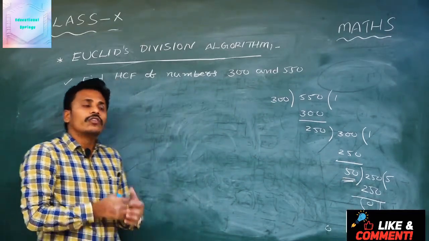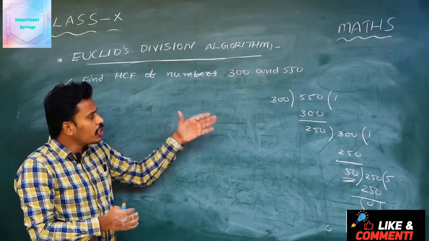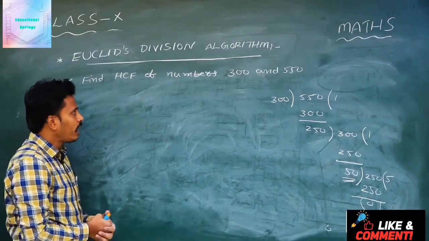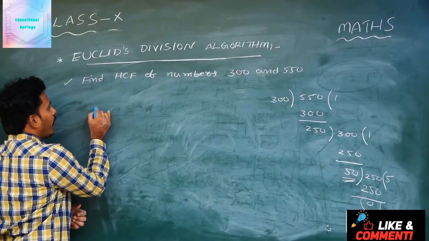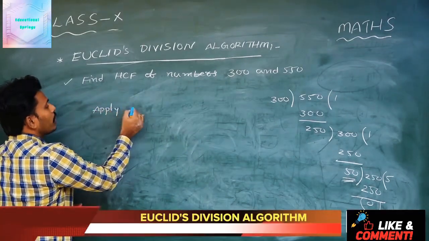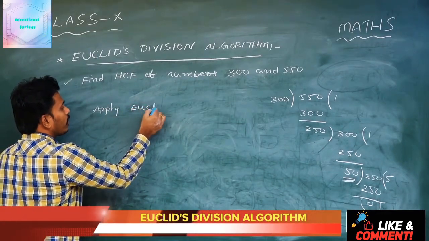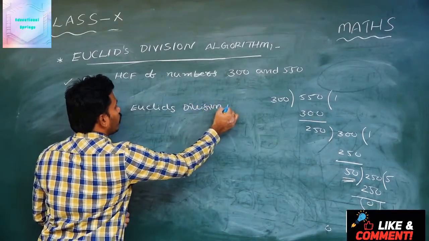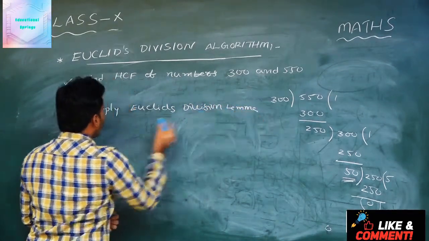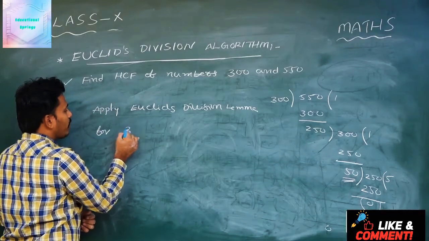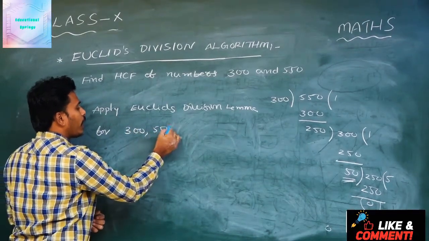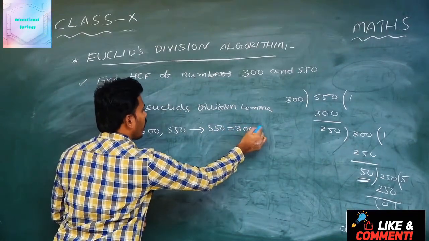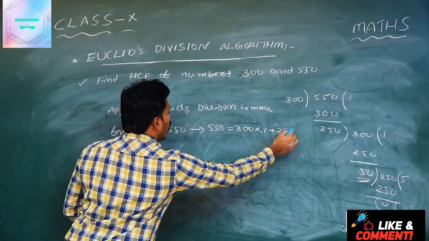And now, we have to express each and every step of this long division process using Euclid's division lemma. First of all, apply Euclid's division lemma for 300 and 550. If you apply Euclid's division lemma for the initial numbers 300 and 550, that representation is like this: 550 is equal to 300 into 1 plus 250.